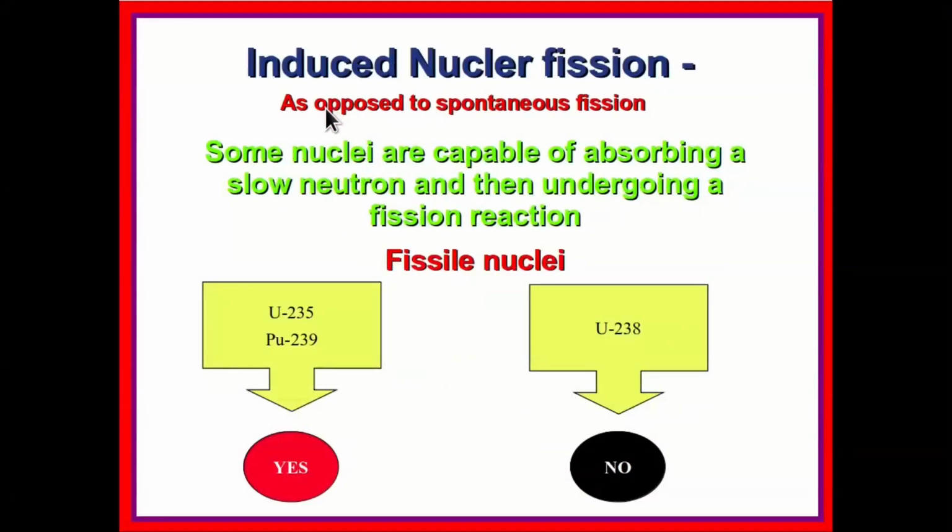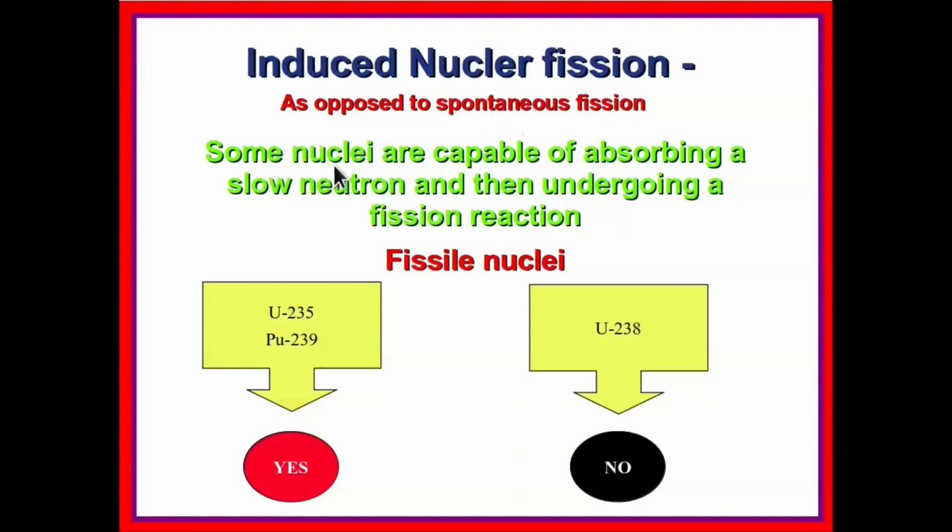I talked about spontaneous fission, in which an inherently unstable nucleus tunnels through the barrier to the other side where we have the fission fragments. The probability, as I mentioned, is very low because of the quantum mechanical process. On the other hand, one can induce nuclear fission in an otherwise stable nucleus, which does not fission spontaneously.